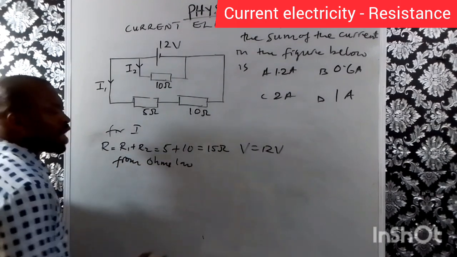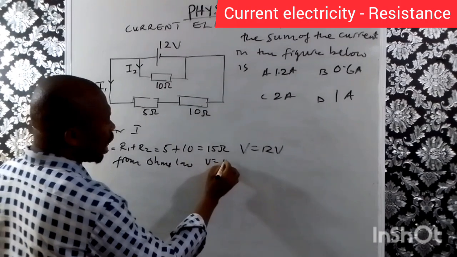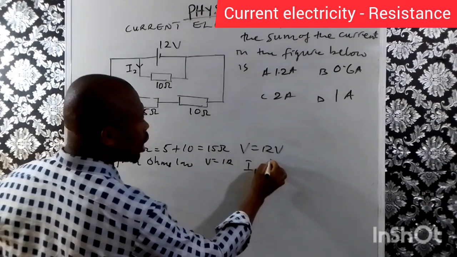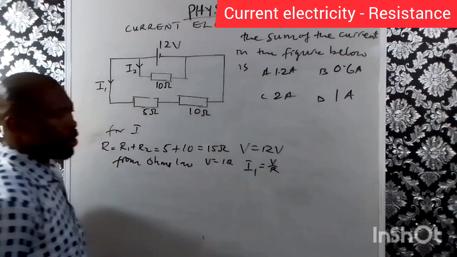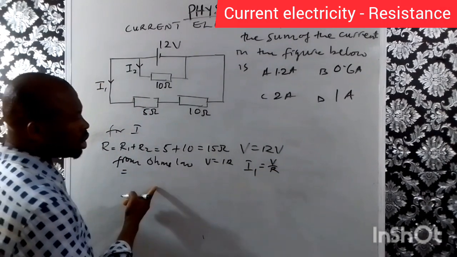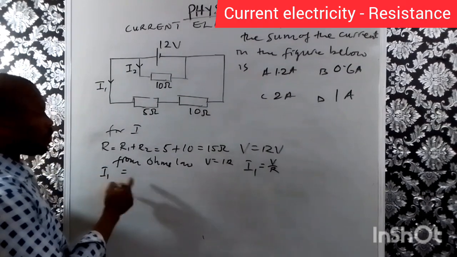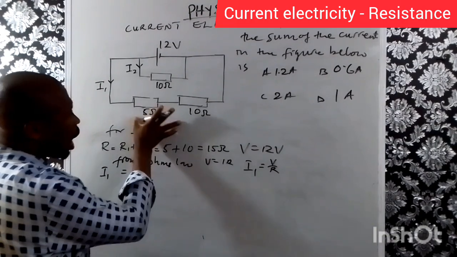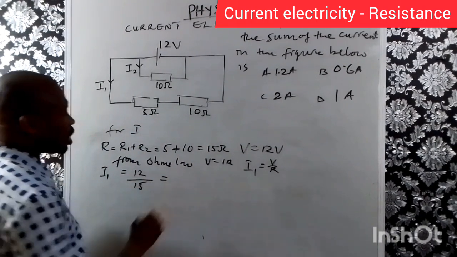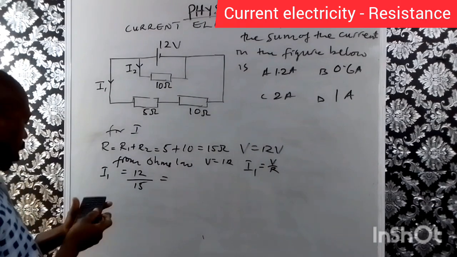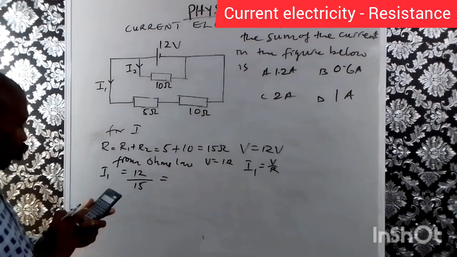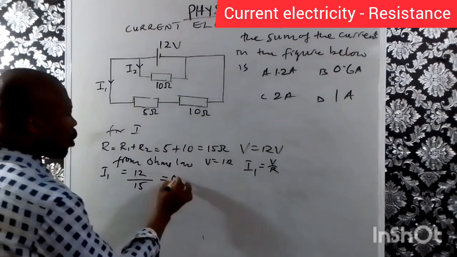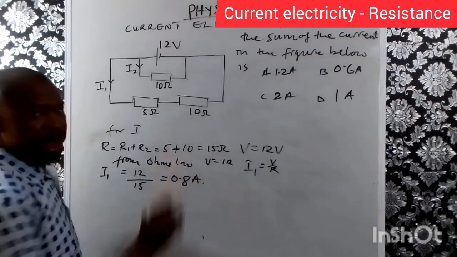So from Ohm's law, we have that V is IR, so I or I1 will give us V all over R. I1 is V, which is 12, over R. Total R here is 15. And then 12 divided by 15 will give us 0.8 ampere.